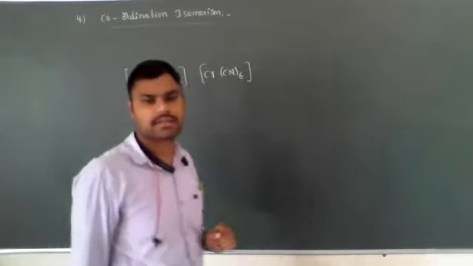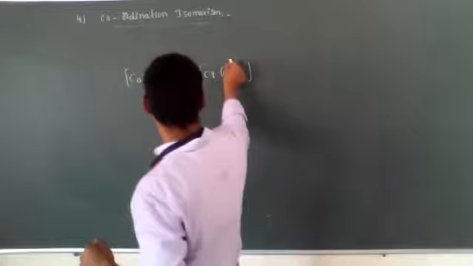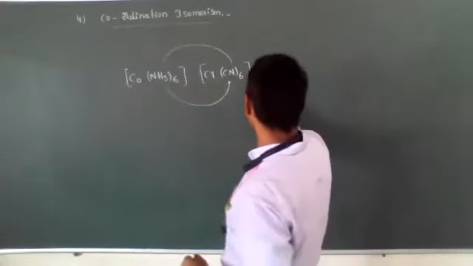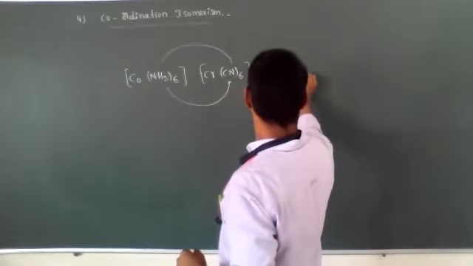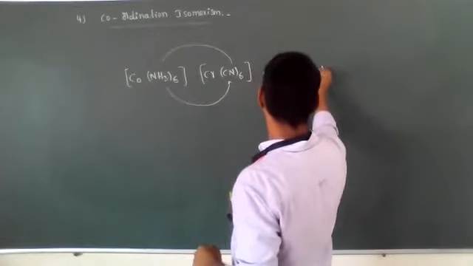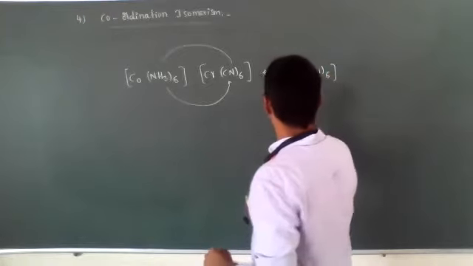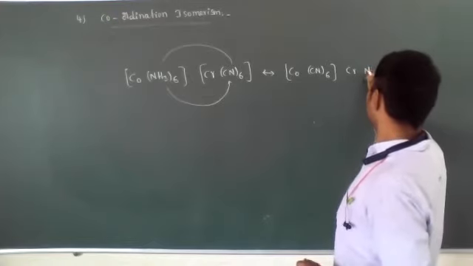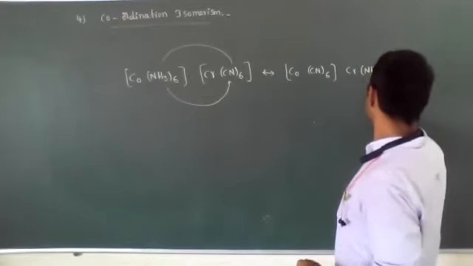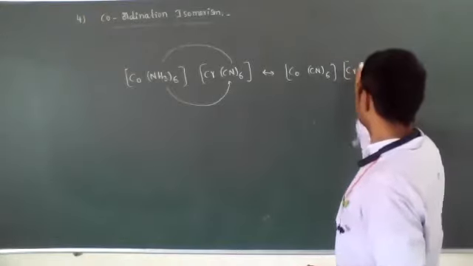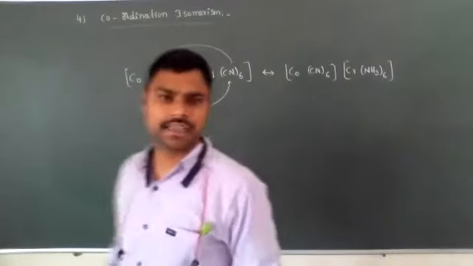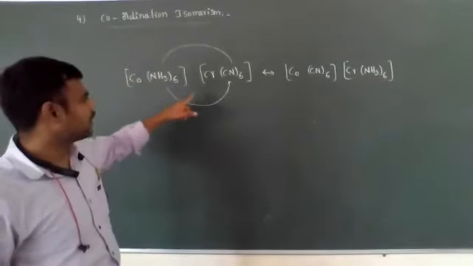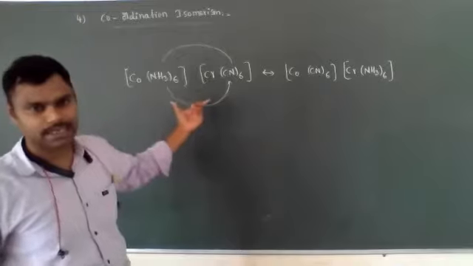In these complex compounds, with mutual exchange of ligands, we get [Co(CN)6] and [Cr(NH3)6], another complex compound. So the ligands are exchanged between the two coordination spheres.